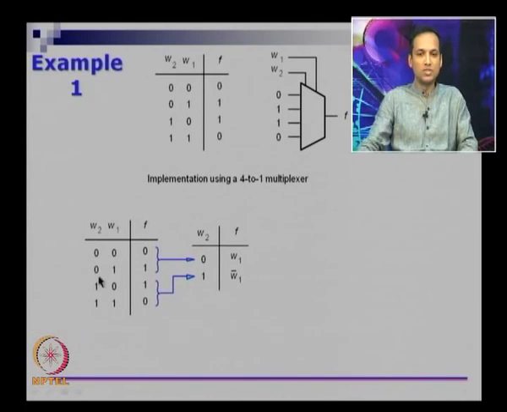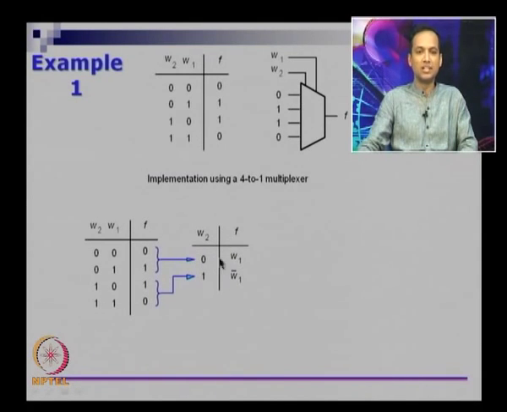So when W2 is 0, which is the top half of the table, then F is W1. When W2 is 1, which is the bottom half of the table, F is W1 complement. So you can take this and write it in a different form. So when W2 is 0, F is following W1. When W2 is 1, F must follow W1 complement.